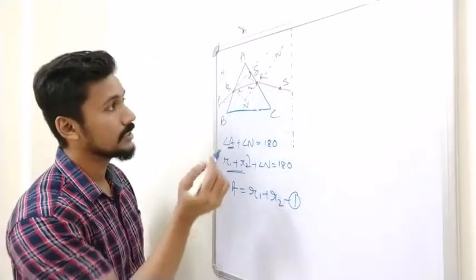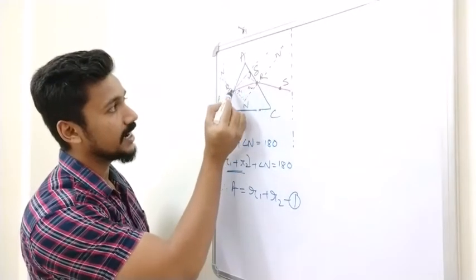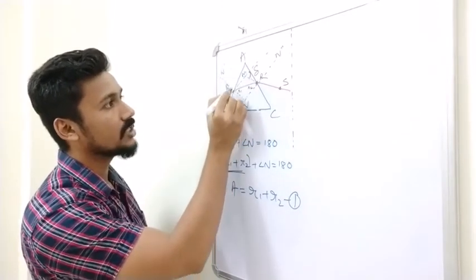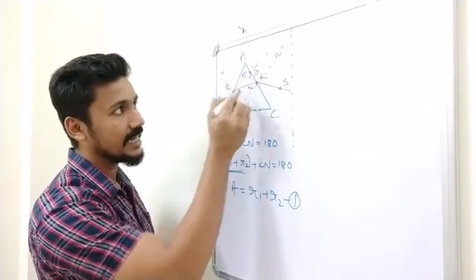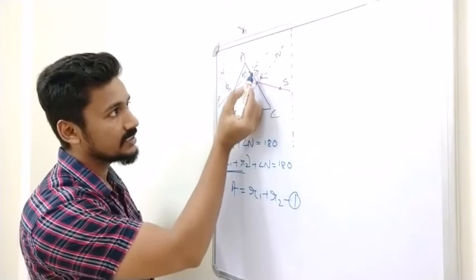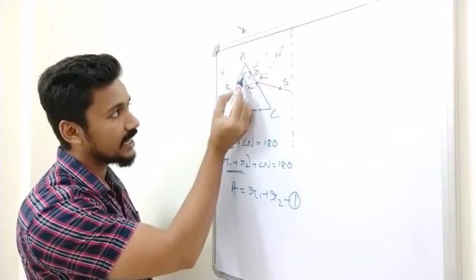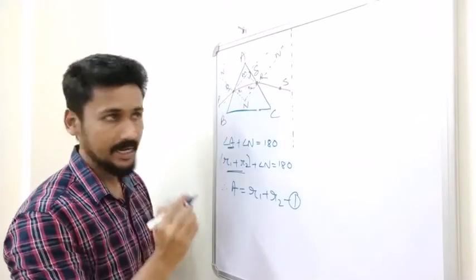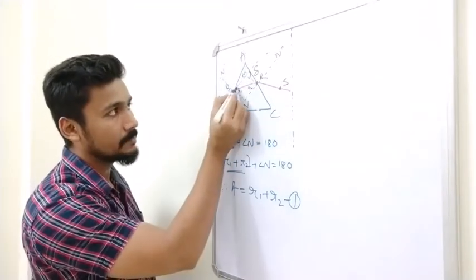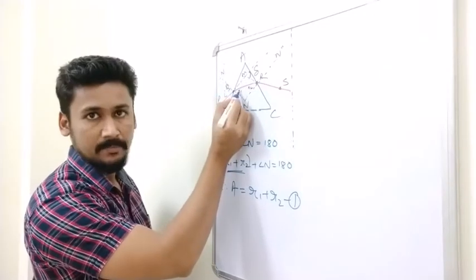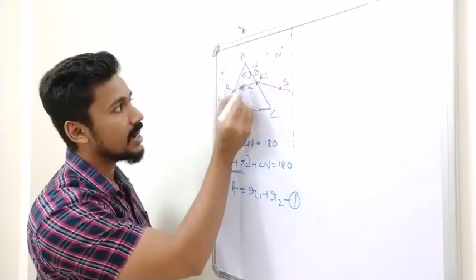Now moving on. For this triangle, let us give it the name M. So in triangle QMR, this delta is an exterior angle. By using the exterior angle theorem, this delta will be equal to angle MQR plus angle MRQ, right? And how much is angle MQR? That is the angle of incidence minus R1. And how much would MRQ be?